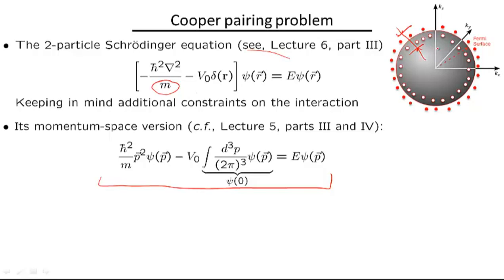And so these 2 equations, with the appropriate caveats about where the interaction is possible, are exactly the Cooper pairing problem. And as you can see, it's essentially identical mathematically to the kinds of problems we saw in lecture number 5 in single particle quantum mechanics.